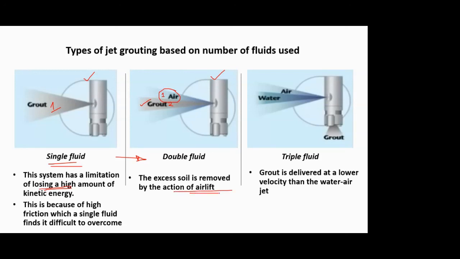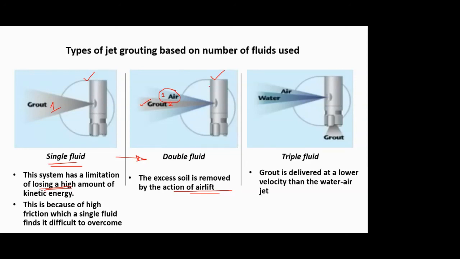Now you remember airlift dredging. In airlift dredging, we did the same thing: we pumped in compressed air in the form of a blast, large bubbles, and those bubbles were allowed to rise in another big pipe, and due to that rising, it took all the soil along with it.